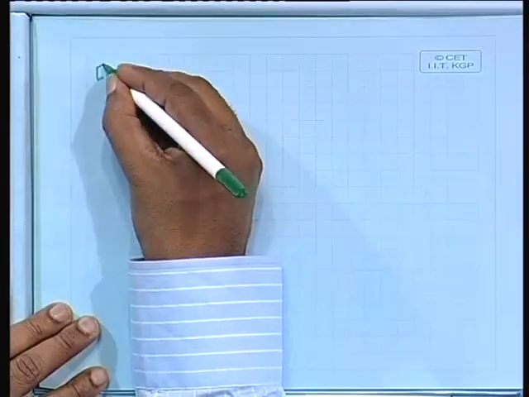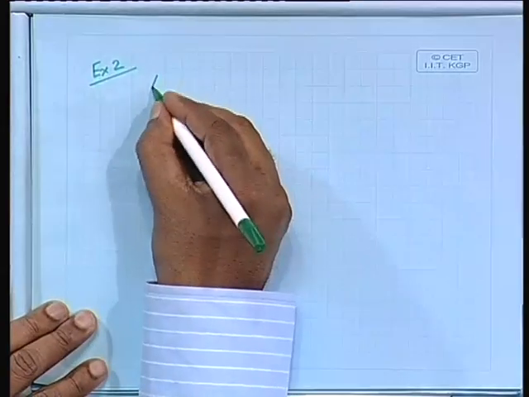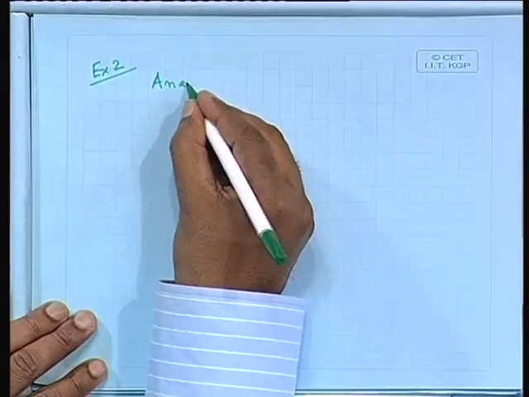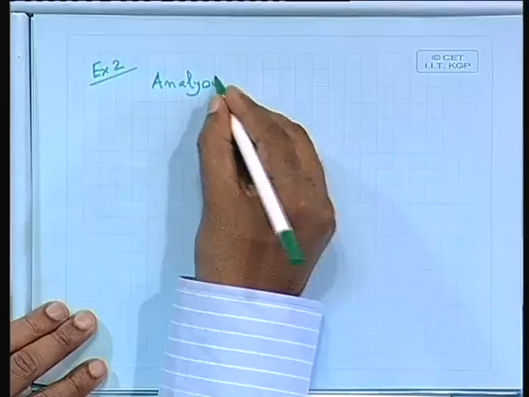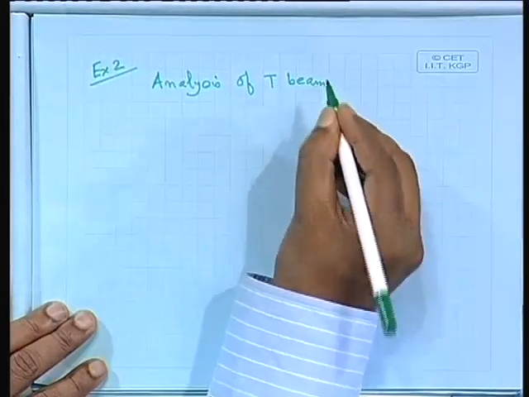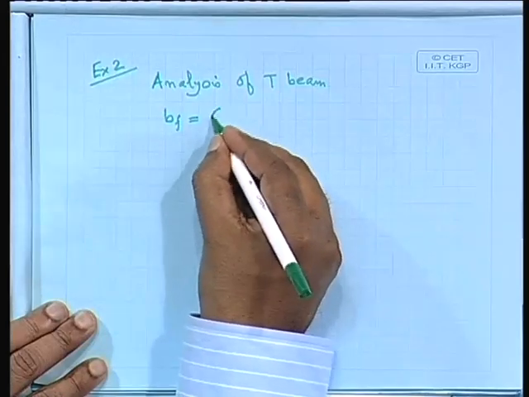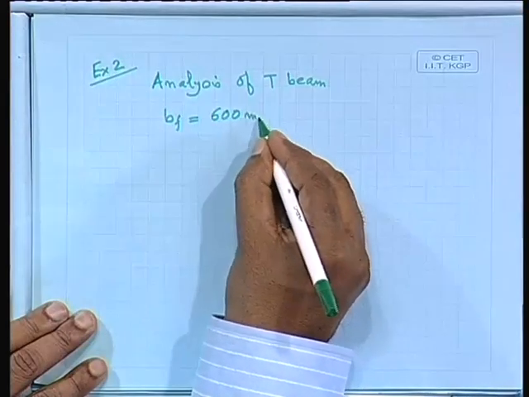So, let us come to other case, one more problem. I think we can finish it. Example 2. Again we are doing the analysis only. BF 600 millimeter.